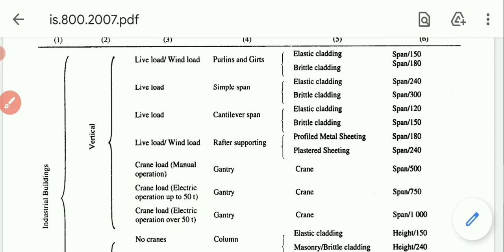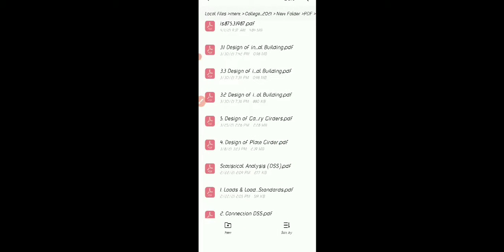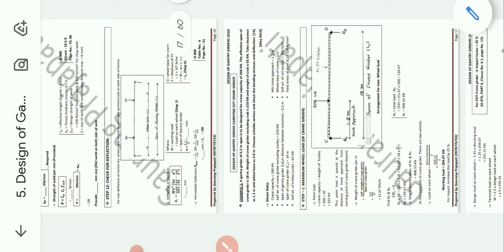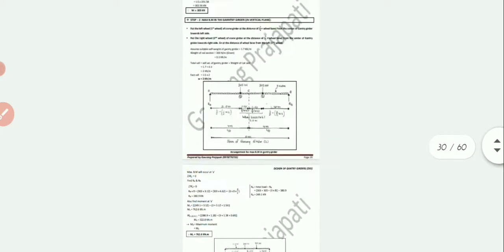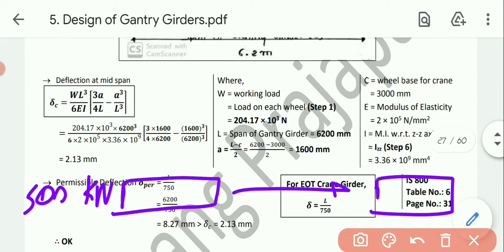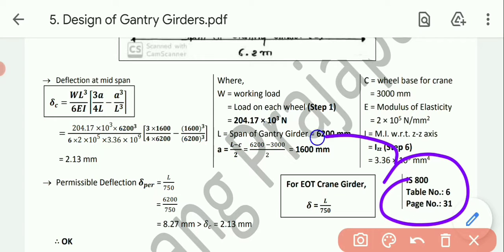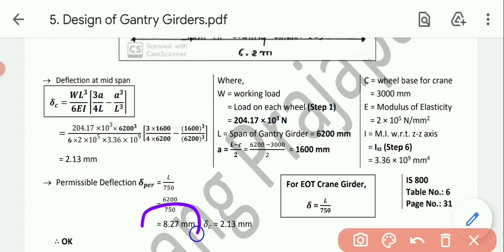Okay, I'm going to use this one. So permissible deflection as per this clause is span by 750. So L by 750, L is 6200 divided by 750. So the answer comes to 8.27.